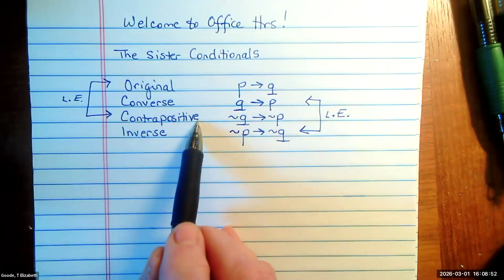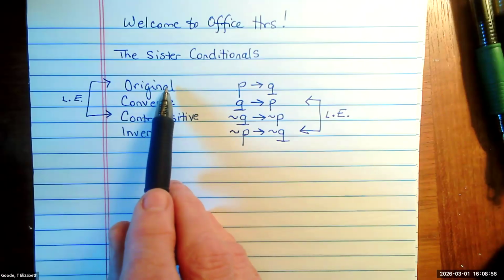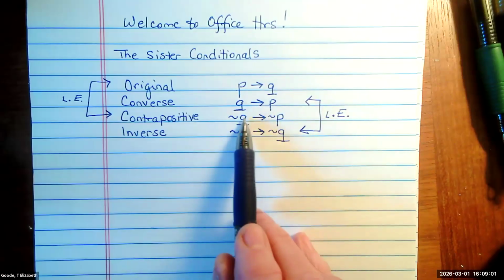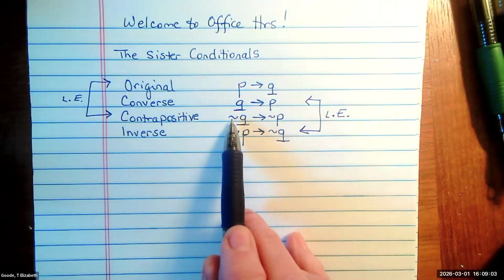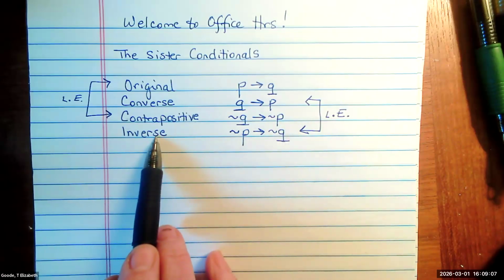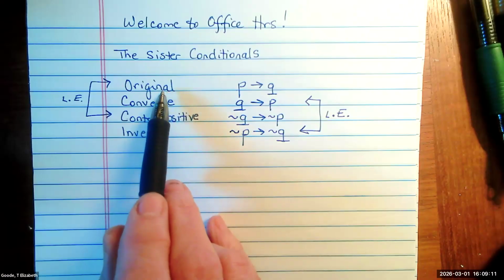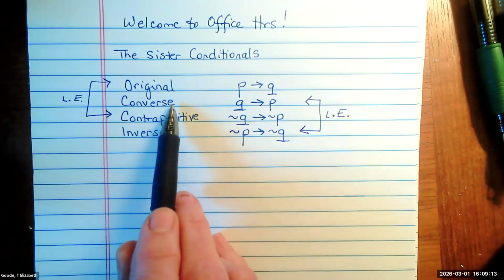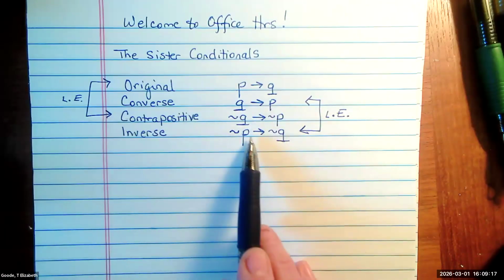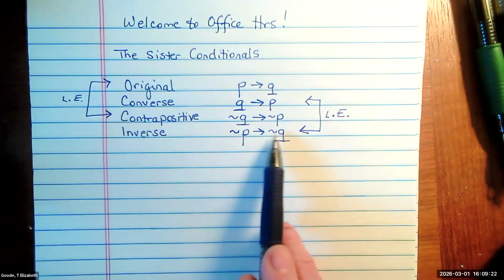To get the contrapositive of the original, we switch around everything that we could possibly switch around. The P and the Q change positions and we negate them both. And to get the inverse of the original, just understand the inverse is the contrapositive of the converse. So we take the Q and the P and we switch their positions from the converse positions and we negate them both.